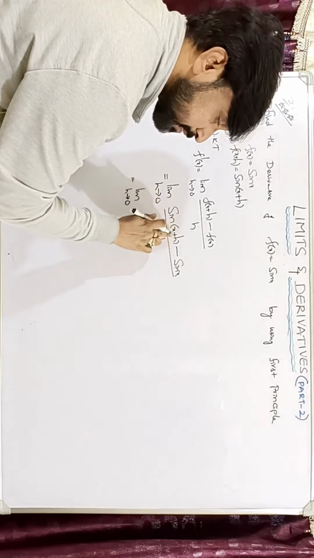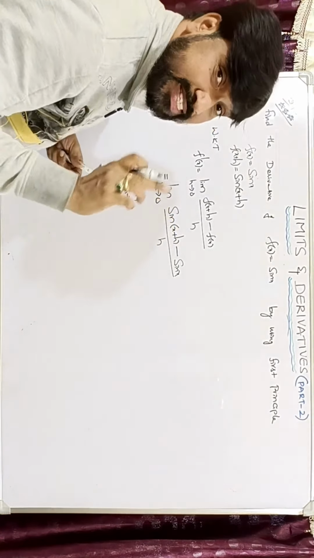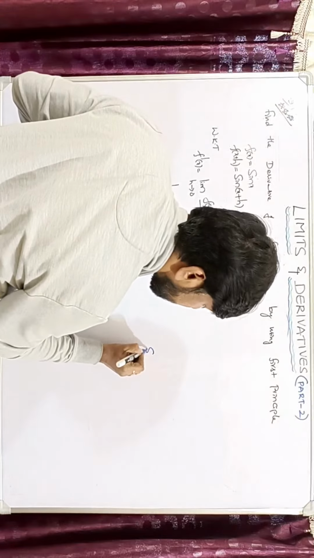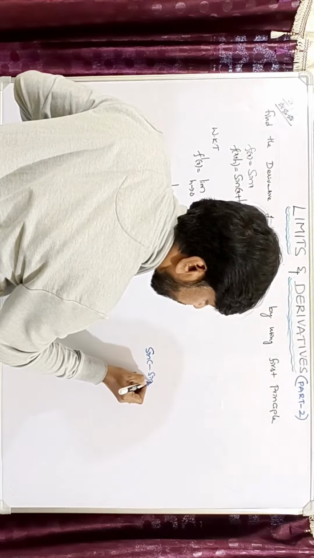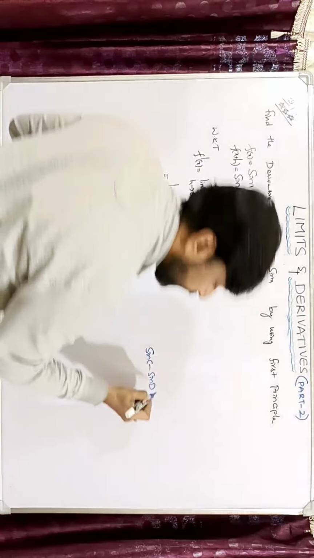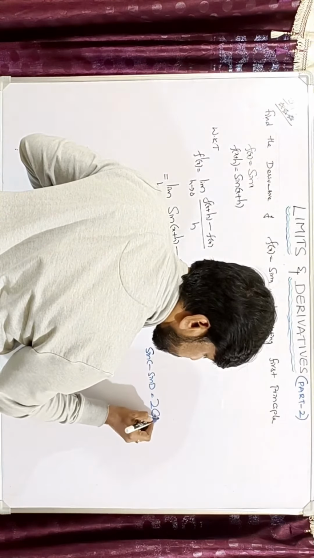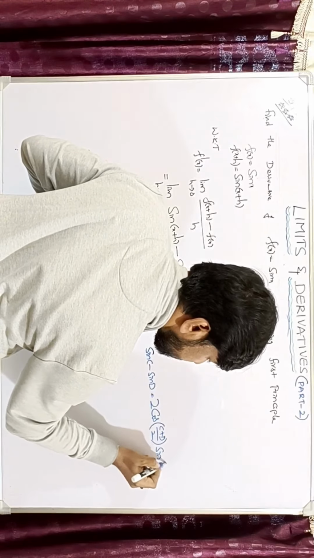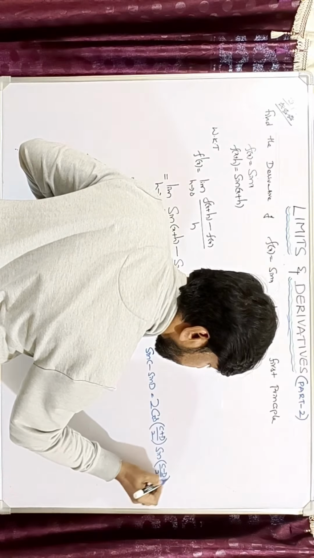Sin of x plus h minus sin x is of the form sin c minus sin d. Which formula? Sin c minus sin d. What is the formula for sin c minus sin d? 2 cos of c plus d by 2 into sin of c minus d by 2. Clear?